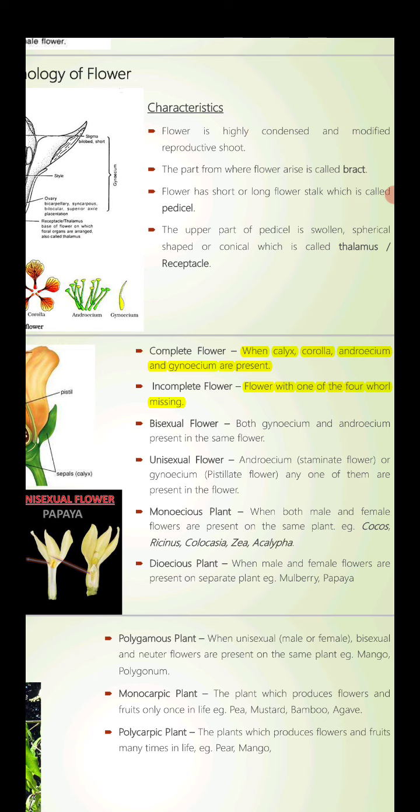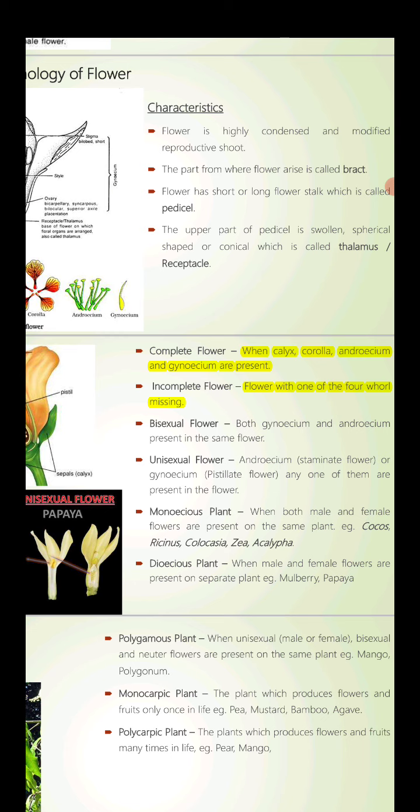Monoecious plant and dioecious plant. When both male and female flowers are present on the same plant, that's called the monoecious plant. And what's the meaning of the dioecious plant? When male and female flowers are present on separate plants, that's called the dioecious plant.